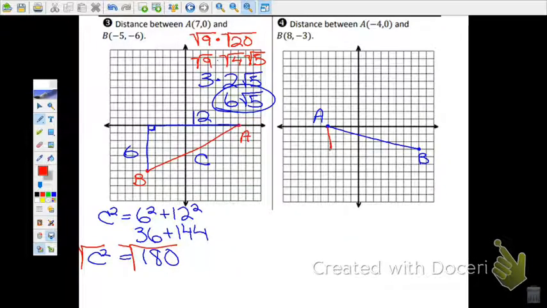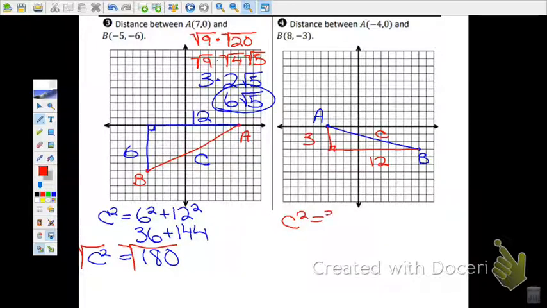I went down and across, or you could go across and then down. So how long is my vertical piece? 3. How long is the horizontal piece? 12. I'm looking for C.